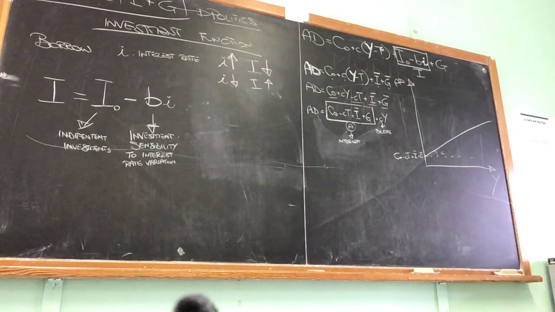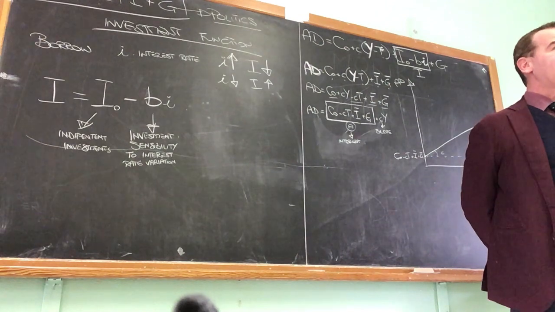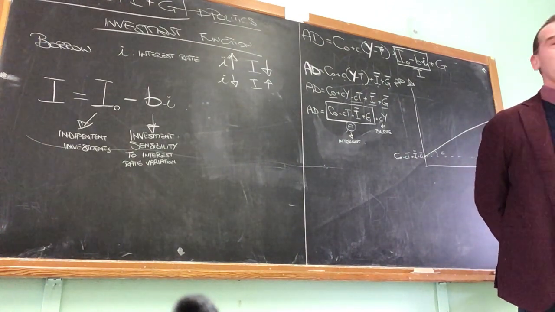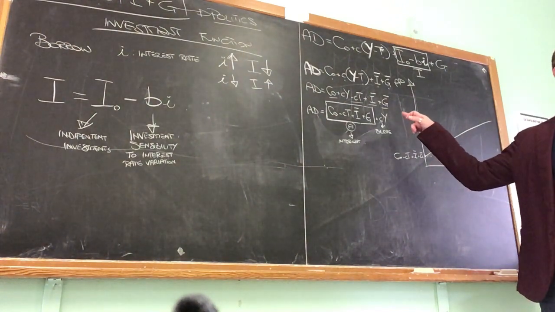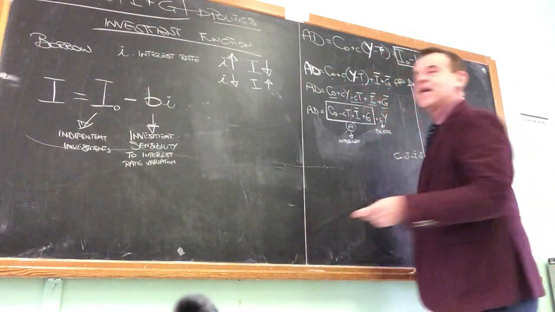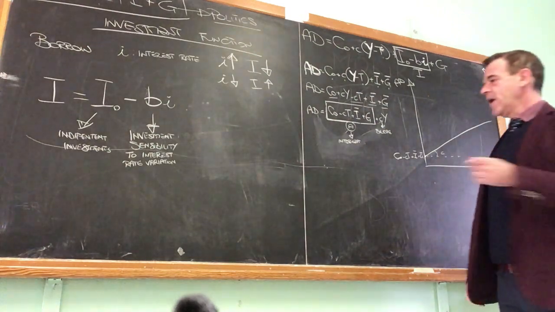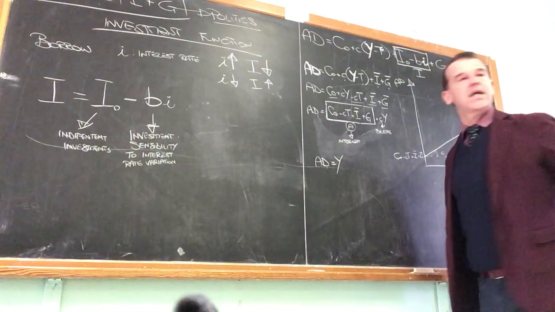And the gross domestic product was equal to national income. Wow. But we do have national income here. So we know that the equilibrium in the goods market is when aggregate demand is equal to national income.